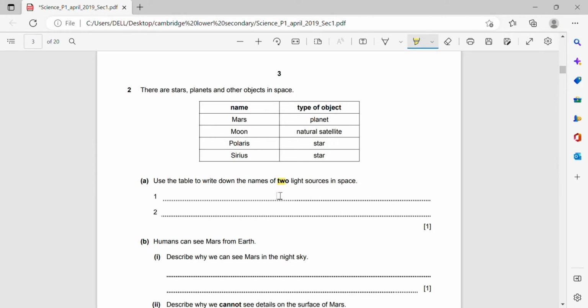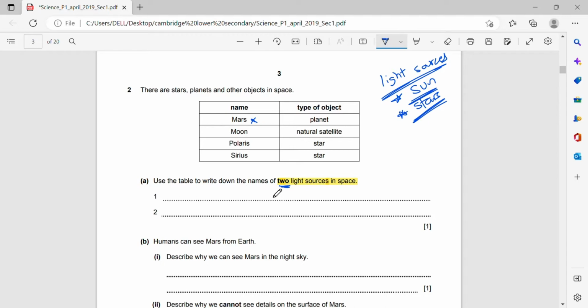يبقى we need 2 light sources in space. حاجة بتدينا light. قبل ما نجاوب على السؤال احنا عارفين ان ال light sources in space هم ايه؟ Great. أول حاجة the sun. تاني حاجة ال stars. اوكي يبقى ال sun وال stars هما ال light source. طيب هنا I need 2 light sources. هل Mars which is a planet؟ لا. هل the moon؟ Actually the moon is not a light source.